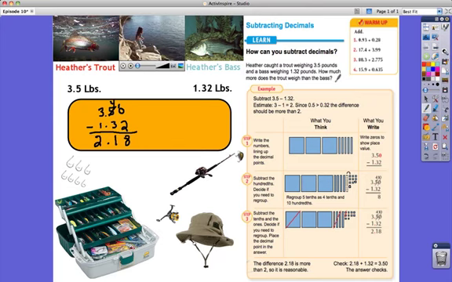Well, we have just determined that the trout weighs 2.18 more pounds than the bass.